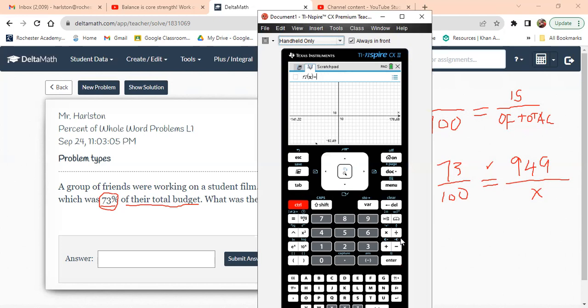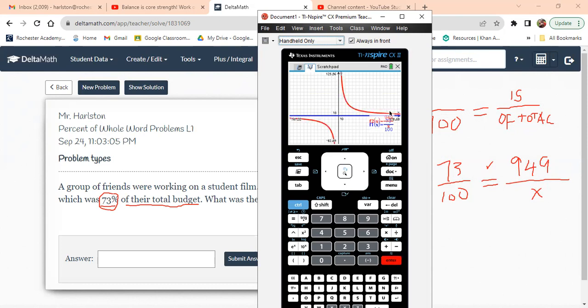So it's going to be control divide 73 over 100. Press enter. And then we're going to do the right-hand side. Control divide 949 over X, and you press enter.